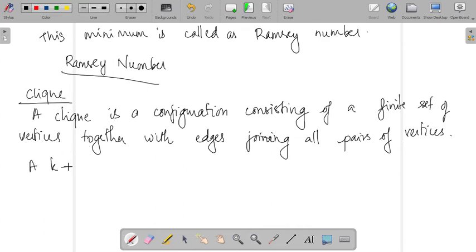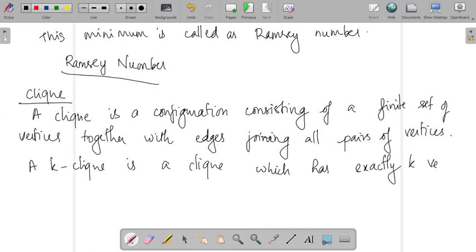So a K-clique is a clique which has exactly K vertices. Thus a one-clique will be a vertex.